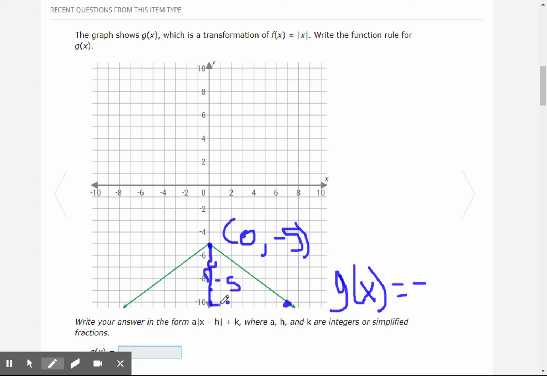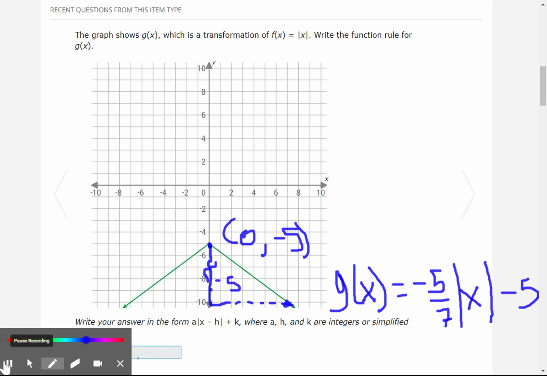And we're going to go 1, 2, 3, 4, 5, 6, 7 to the right. So my reflection is negative, and it's going to be 5 over 7 with the absolute value of x. Our vertex did not move left or right, so there's nothing else inside. But it did go down, so it's going to be minus 5. And that's how you do the harder level 7 problem.